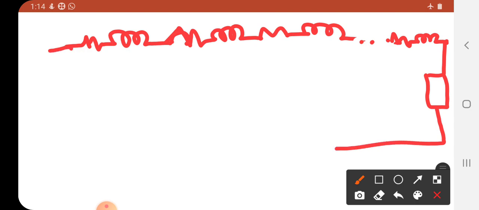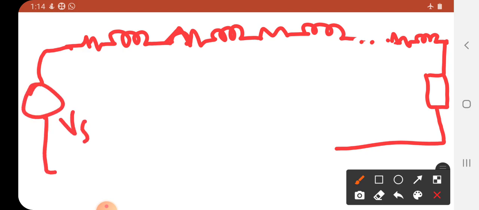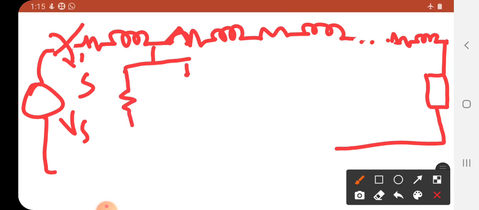Here we have the sending end voltage Vs, and here let us assume we connect one switch. The shunt parameters are like this. Sorry, here the capacitance is there.